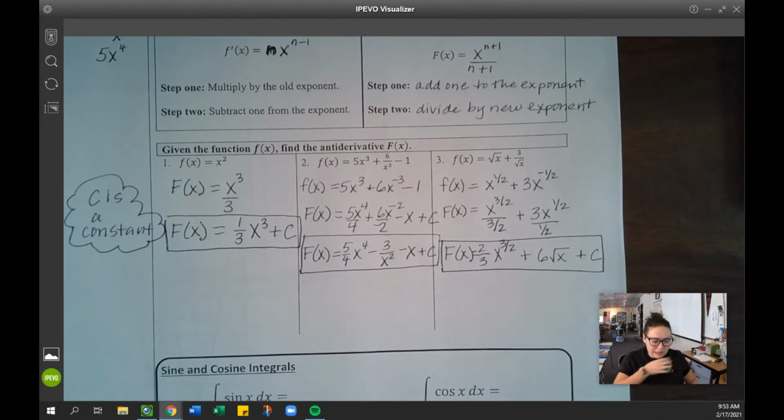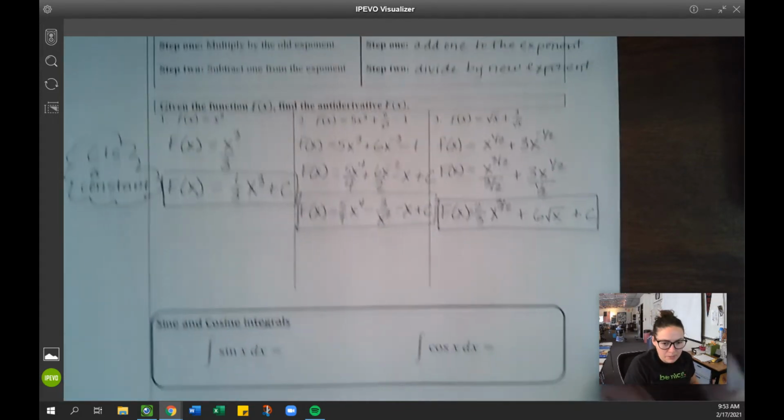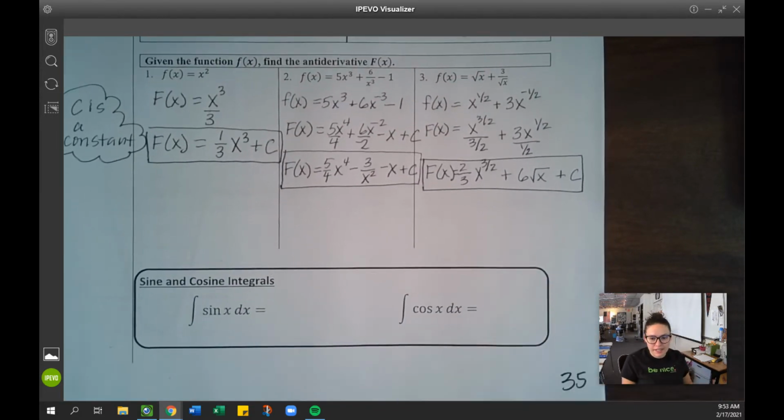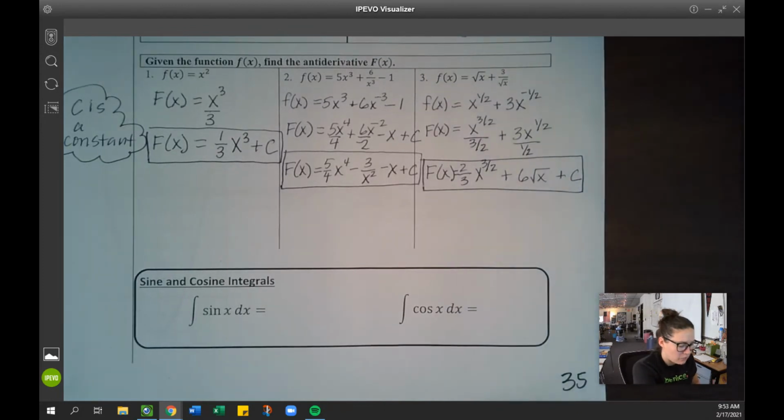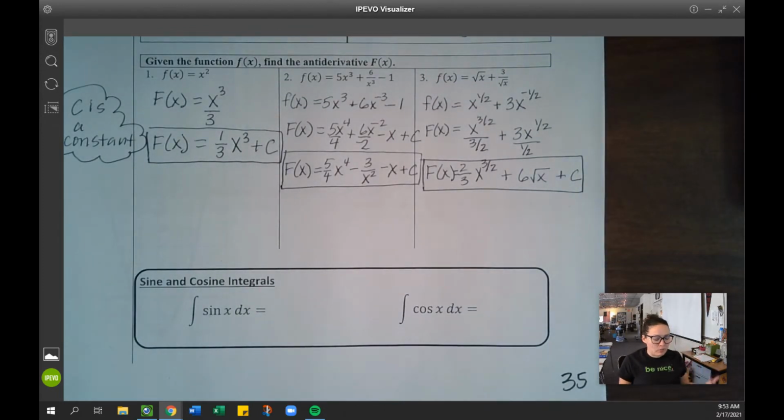All right. Let's talk about sine and cosine integrals. So again, we have to think about what is the antiderivative? What function, when I take the derivative of it, will give me sine? So I know that the derivative of cosine is negative sine.